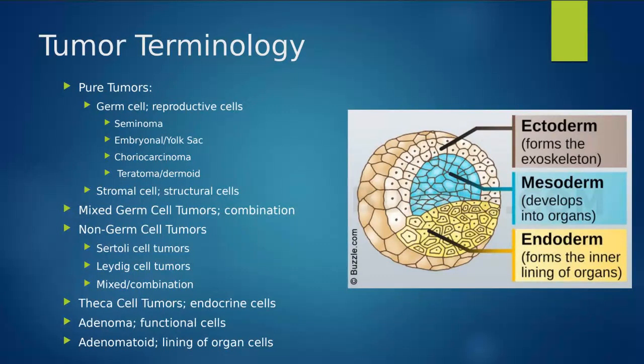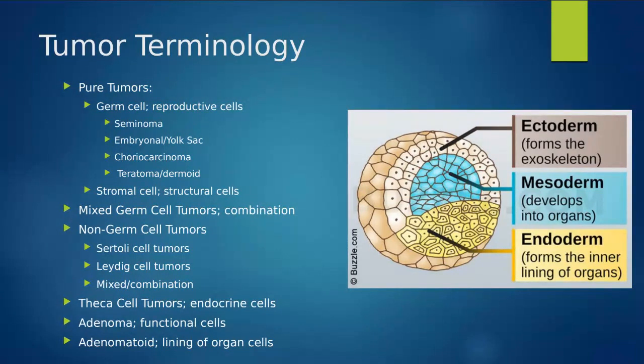Now, these are all pure tumors. So this means that they are made up of particular types of cells. These 4 tumors here, these are all made up of those reproductive germ cell tumors. Stromal cells, these are all made up of that particular type of structural cell. So these are pure tumors.